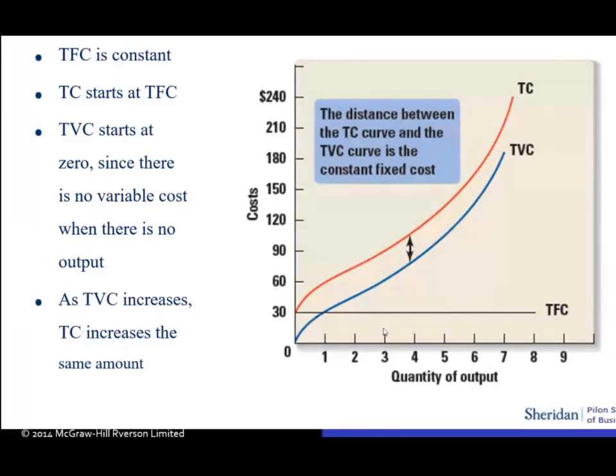But you can see the relationship here. Total cost is increasing, and at any quantity, the total cost will be obtained by just adding the fixed cost to the total variable cost. That's why the difference here is always just this vertical distance, which is equal to the fixed cost.